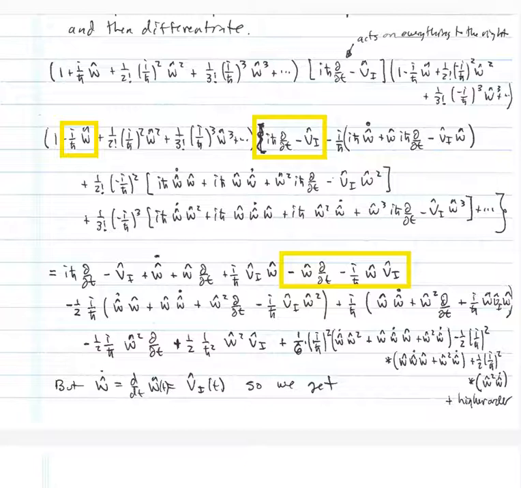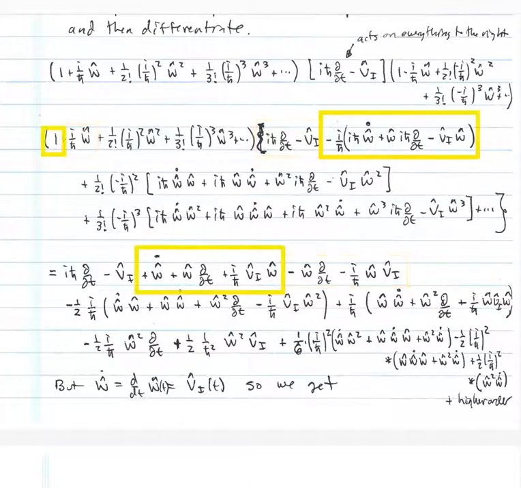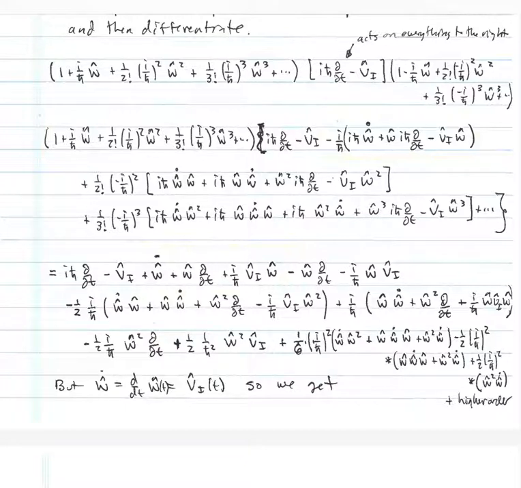Those are the 2 terms on the right-hand side of the front line. I'm going to have the 1 term multiplying the first order terms on the right-hand side, and that's what gives us the w dot plus w d by dt plus i over h bar vi times w. Okay, so those are all of the terms that are first order in w.